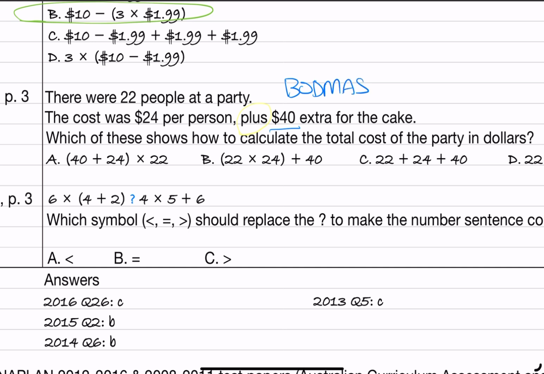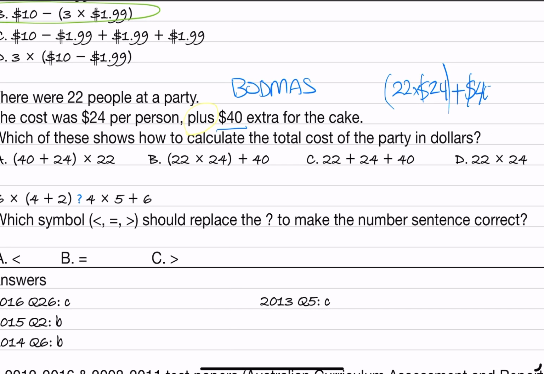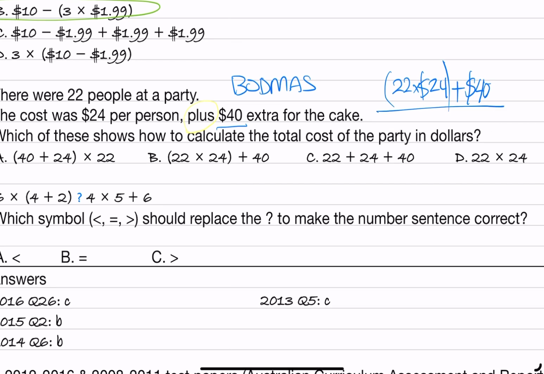Ready? 22 people at a party and $24 per person. We can multiply it with the 22 people, and then we're going to have to add $40. There we go. We got our answer, B.